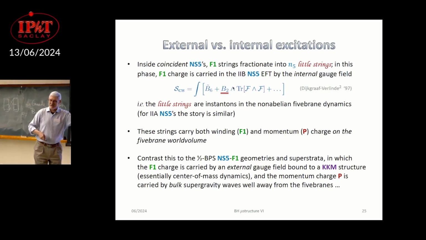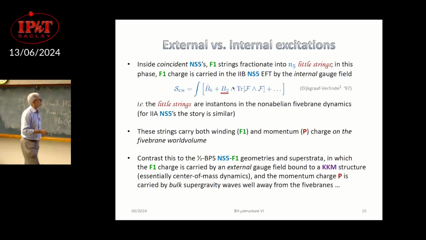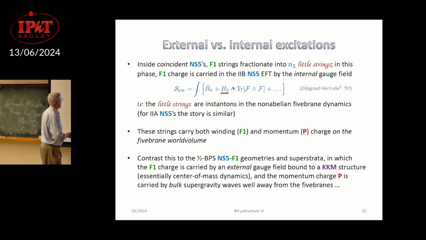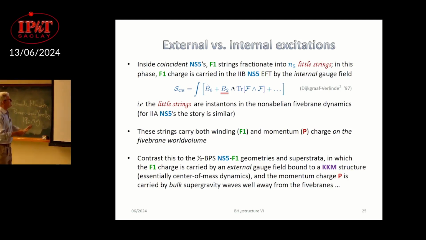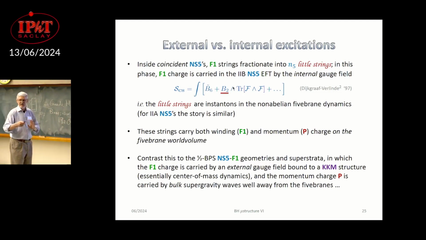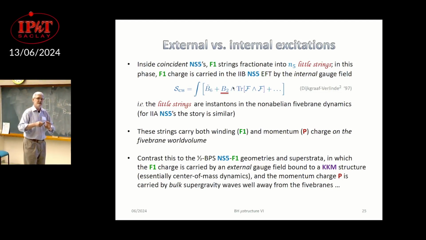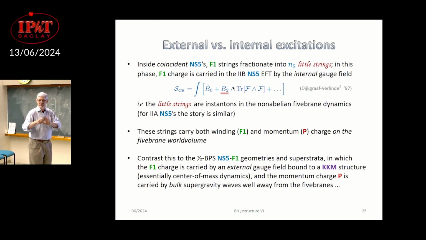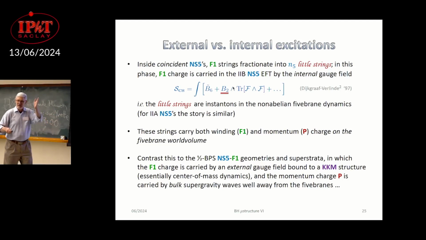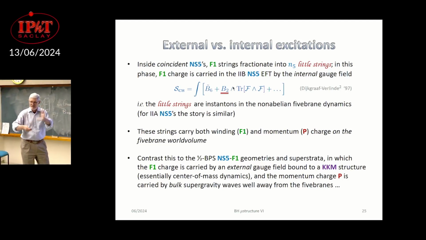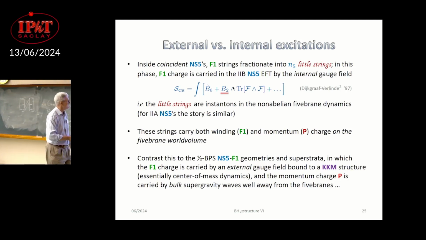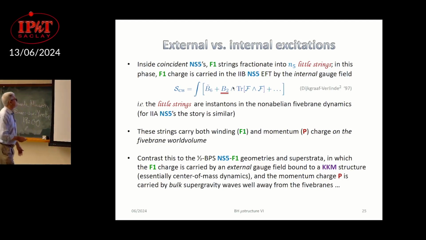That's this third string that I was talking about. So there are different ways that the effective field theory can carry the charges, and I'm saying that the way that supertubes and superstrata carry charges is completely different from what I think is the dominant piece of the entropy. But that's where you guys seem to be headed as well in talking about these M2, M5 intersections. So I think everybody should be happy.